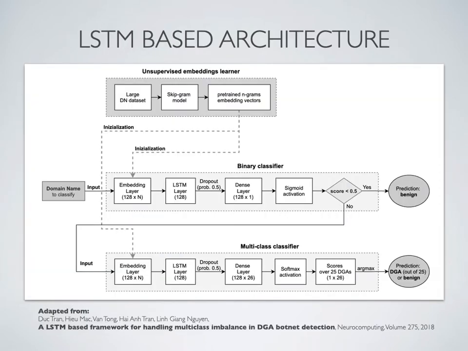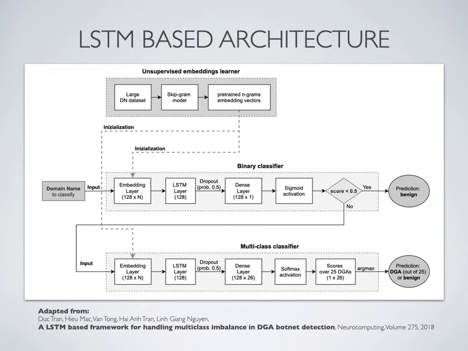So then we fed these vectorized n-gram representations to a deep learning model, which is an adaptation of the LSTM-based framework proposed in the paper you see at the bottom of this slide. Our system is composed of the unsupervised embedding learner, which you see on the top, as in the previous slide.